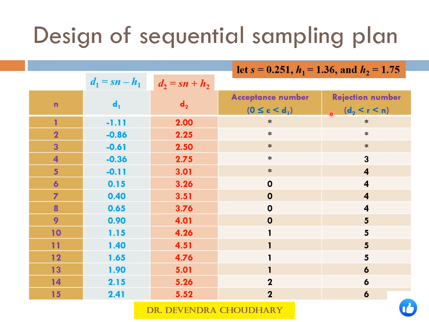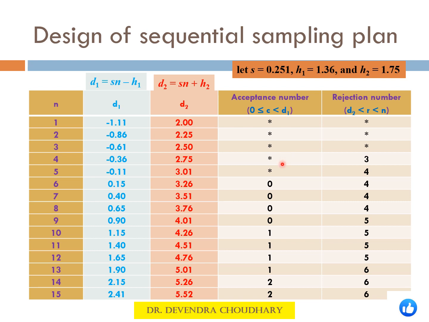Now you see this table resembles a multiple sampling plan. We have taken up to 15 samples, and for each sample we have an acceptance number or a rejection number, and we cannot take a decision up to the third sample here.